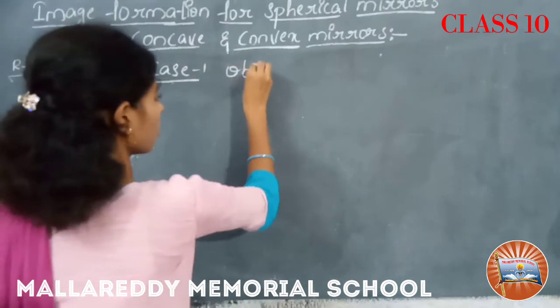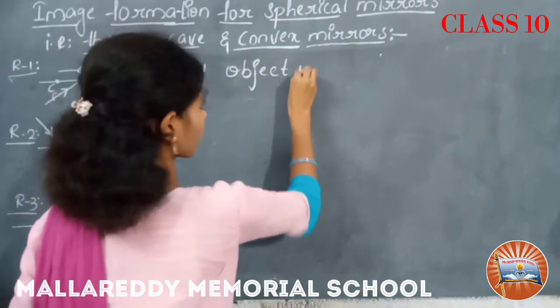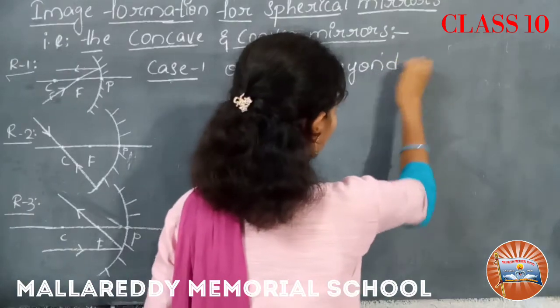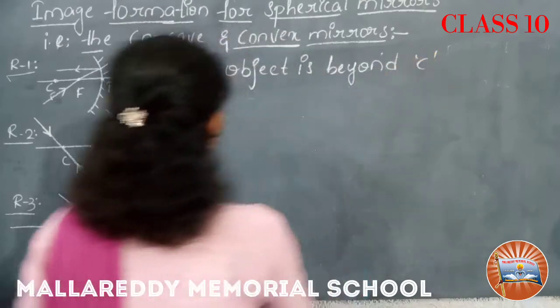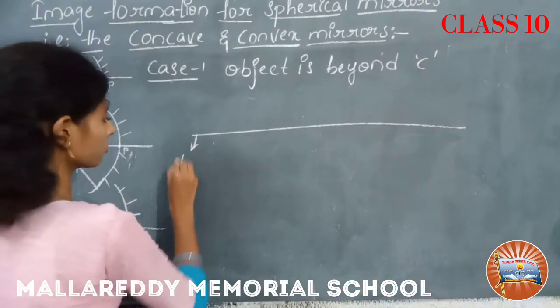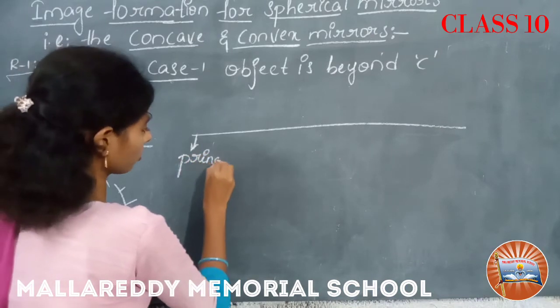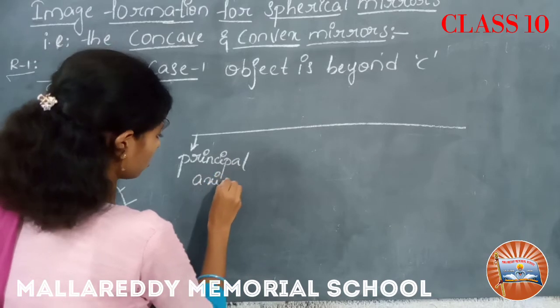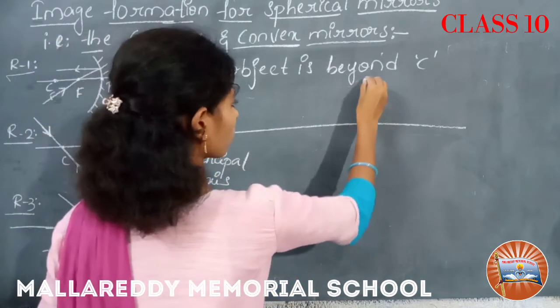So when the object is beyond C, first of all we have to draw the principal axis. Okay, now draw the concave mirror.